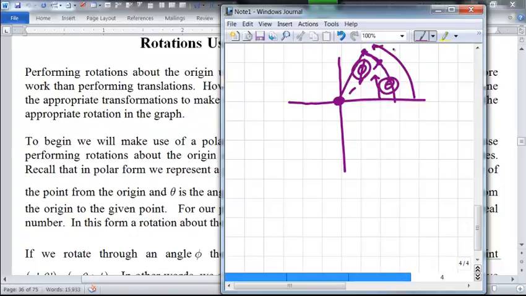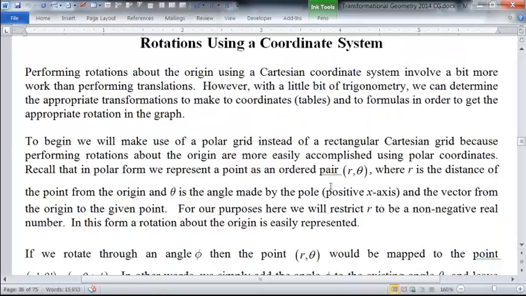So the new angle from here is theta plus phi. Okay. Now, of course, as with the rectangular ones, when we're given r as a function of theta, we have to do the inverse operation when we're working this in. So that's basically what this is talking about here.